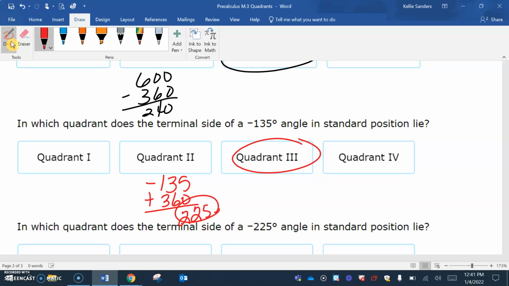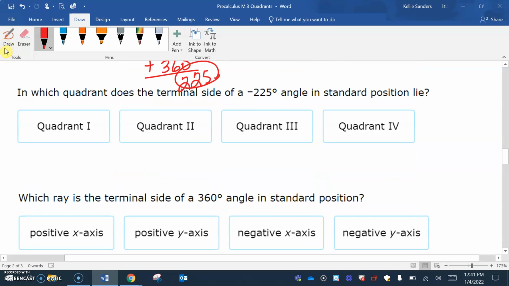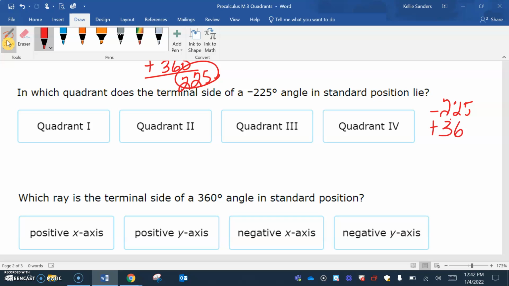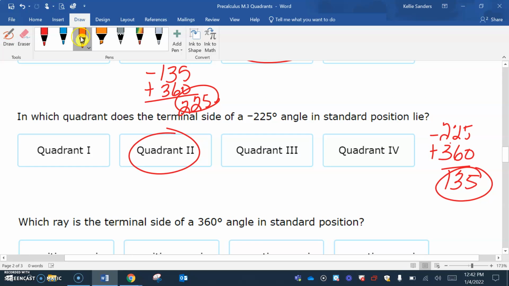And 225 is the same thing as negative 135. They're in the same spot. Negative 225 plus 360 is going to be 135, and 135 is in quadrant 2. The reason I knew that is because we just used those numbers.